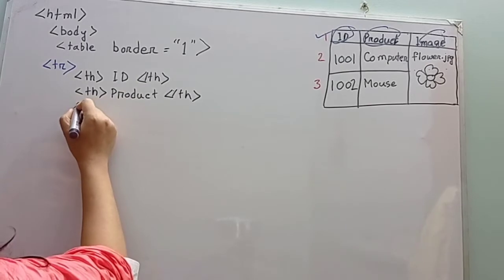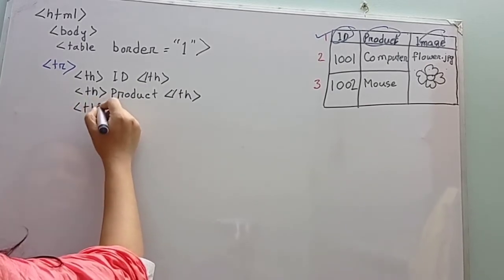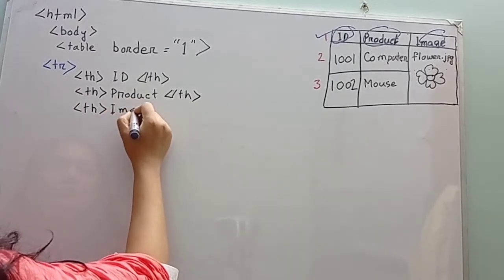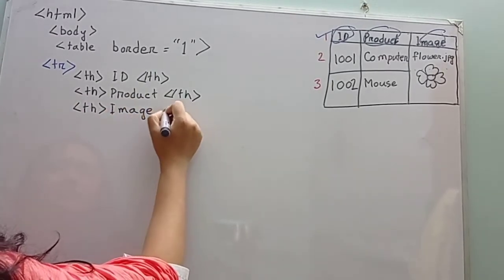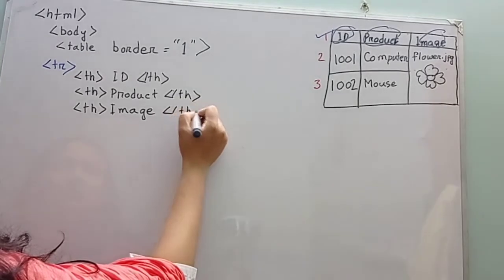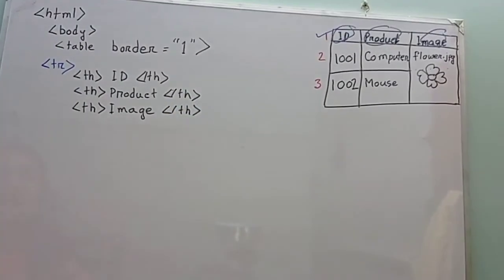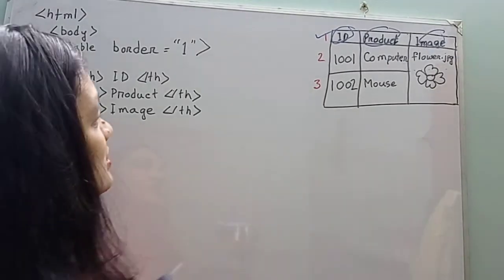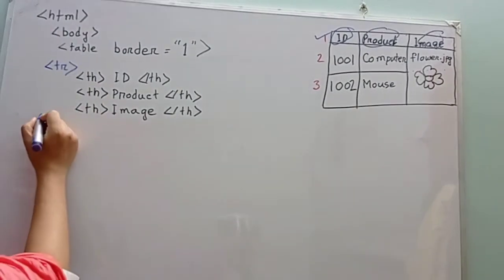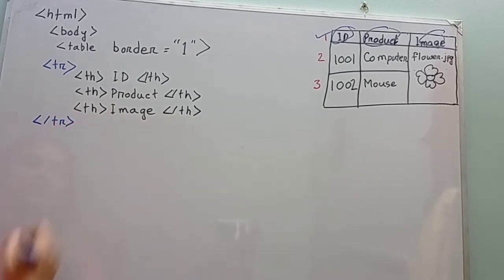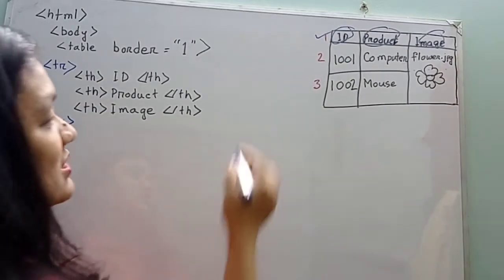For the third data, th, then image, then th close. So I have inputted 3 data, and the work of the first row is done. So I will close this tr tag here. Now let's come to the second row.